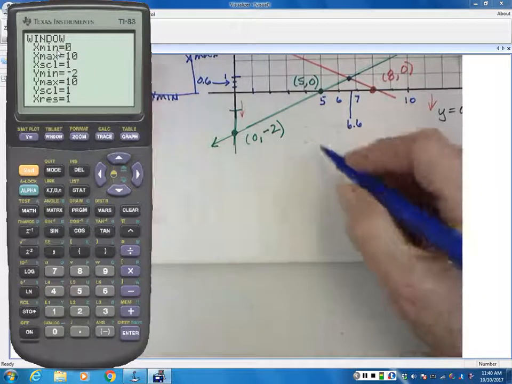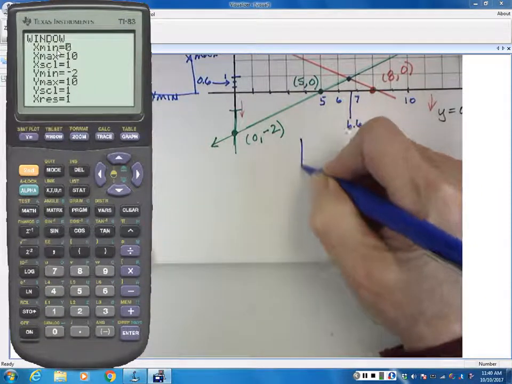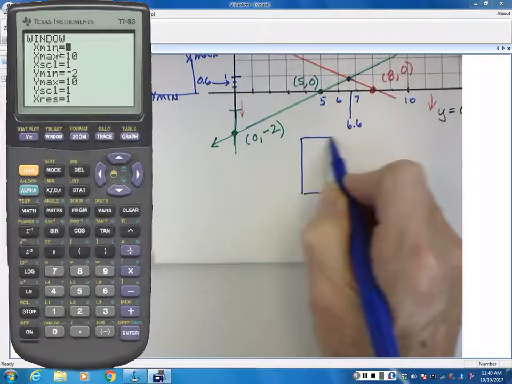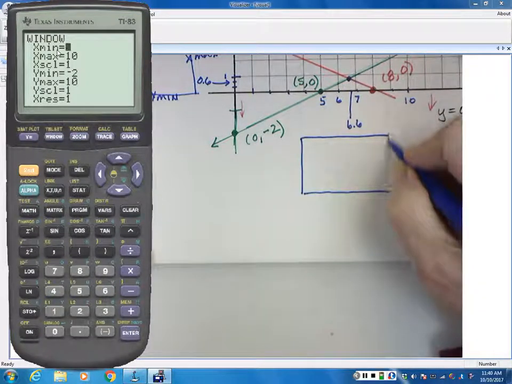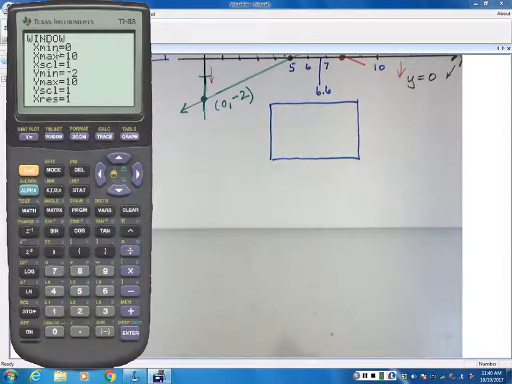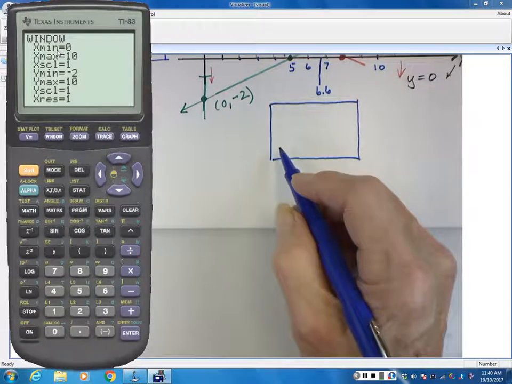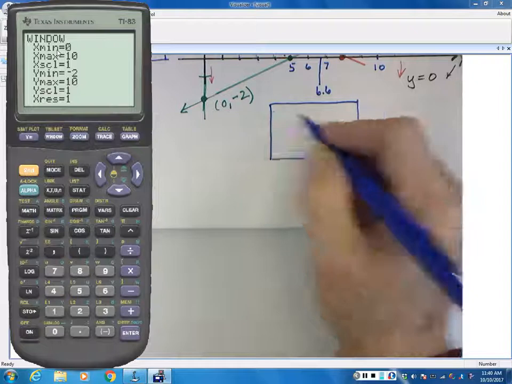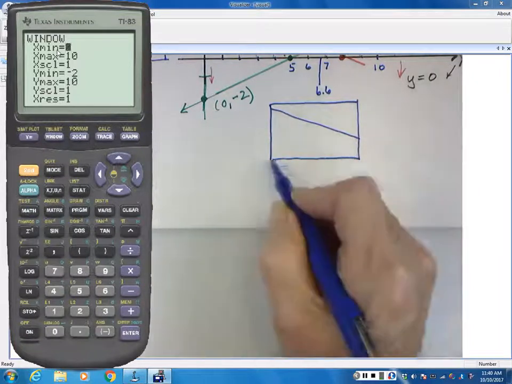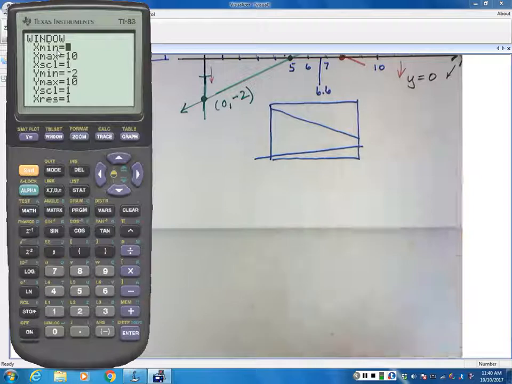Let's see if you understand. Here's my calculator screen. This is not this problem. This is just a situation you might run into. Here's your calculator screen. You've got a graph going this way and a graph going that way. And you need to see where those two lines cross.